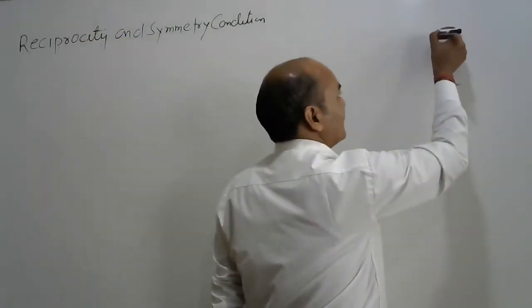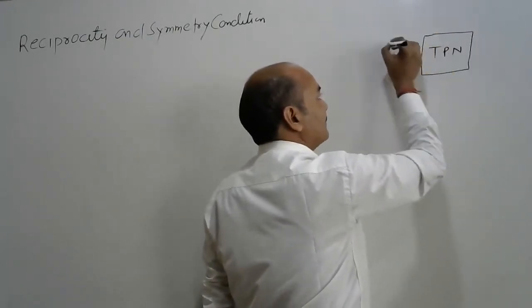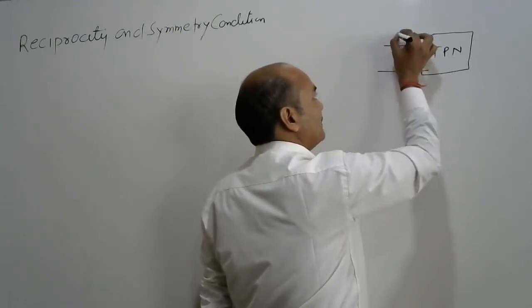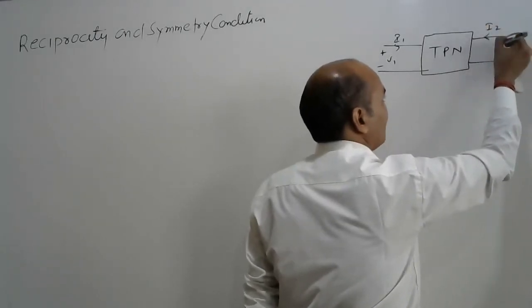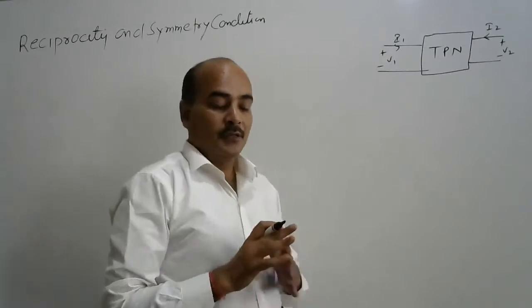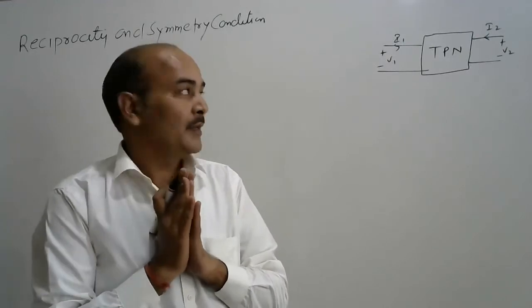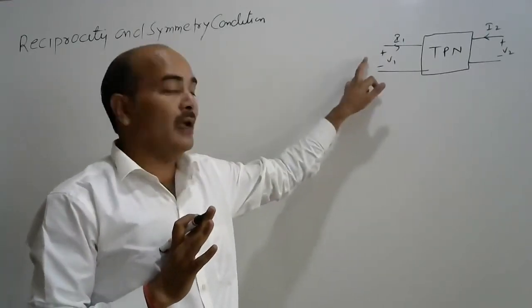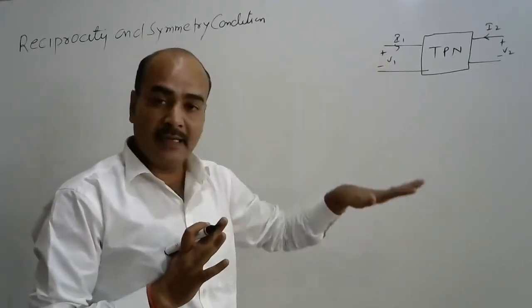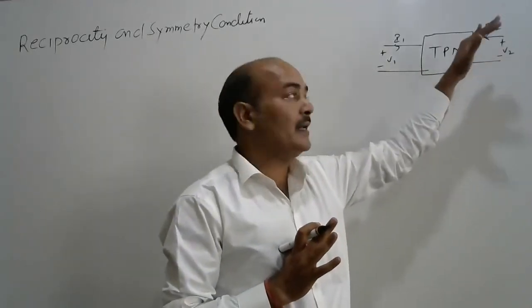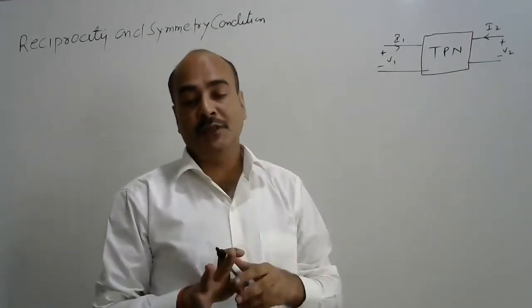So suppose this is my two-port network with I1 and E1 at the input and I2 and V2 at the output. In the reciprocity condition, we excite the input port by applying a voltage and take the current response at the output terminal, making V2 equal to 0.